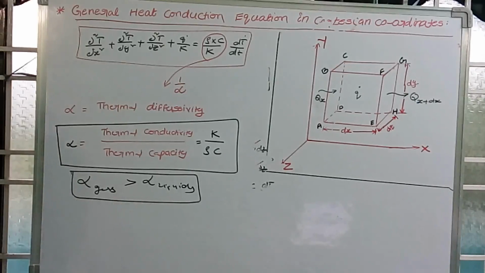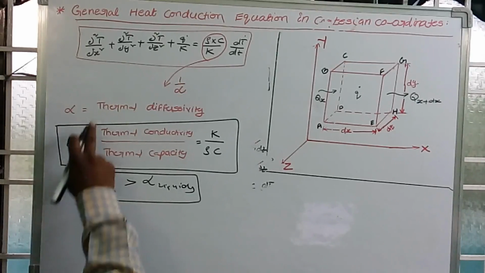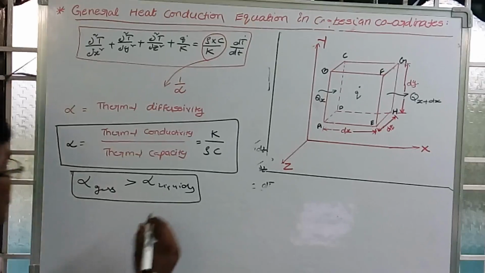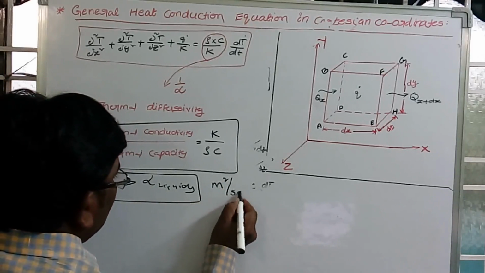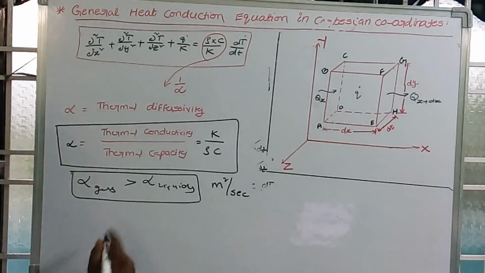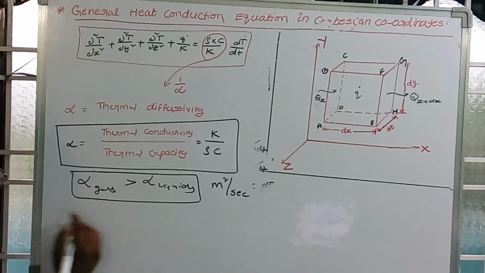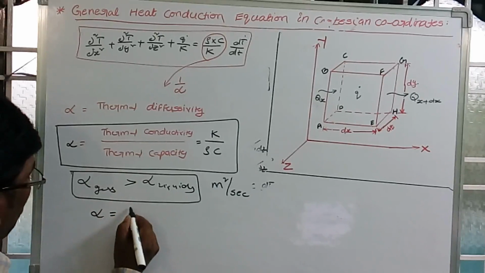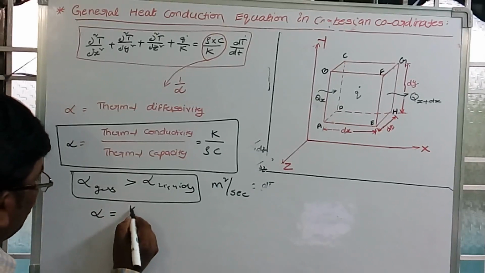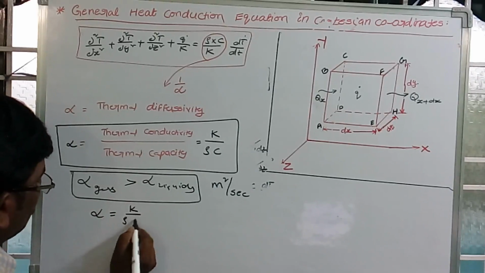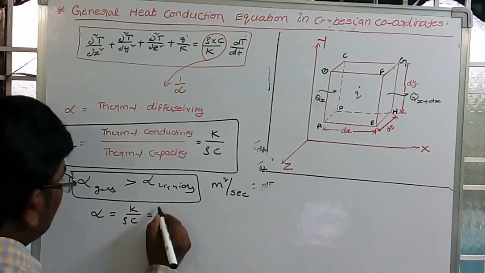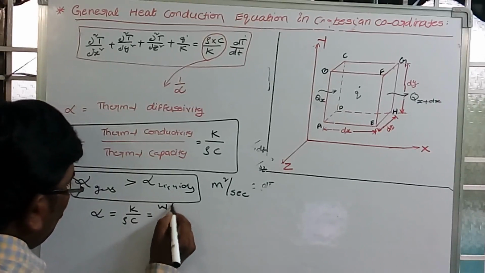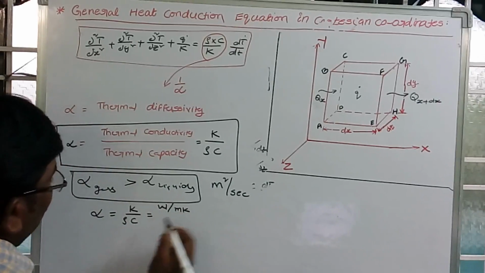So this is alpha, the thermal diffusivity. The unit of thermal diffusivity is meter square per second. Explanation: alpha is equal to K by rho C. What is K? Thermal conductivity. The unit of thermal conductivity is watt per meter Kelvin.